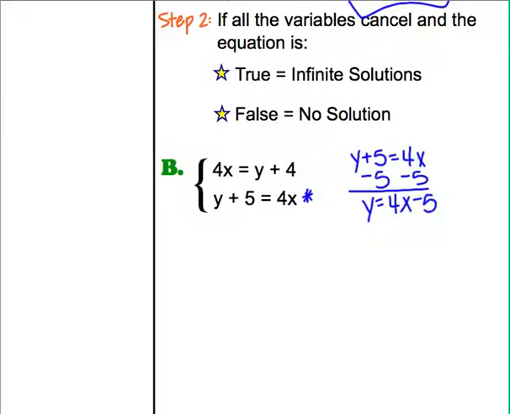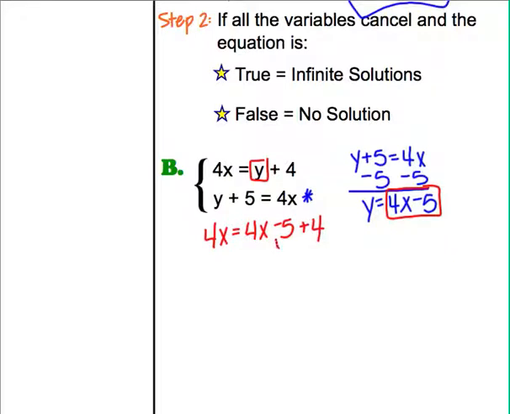I'm going to box in that 4x minus 5, and then I'm going to box in the y on the other equation. So now I have 4x equal to y, which is 4x minus 5, plus 4.